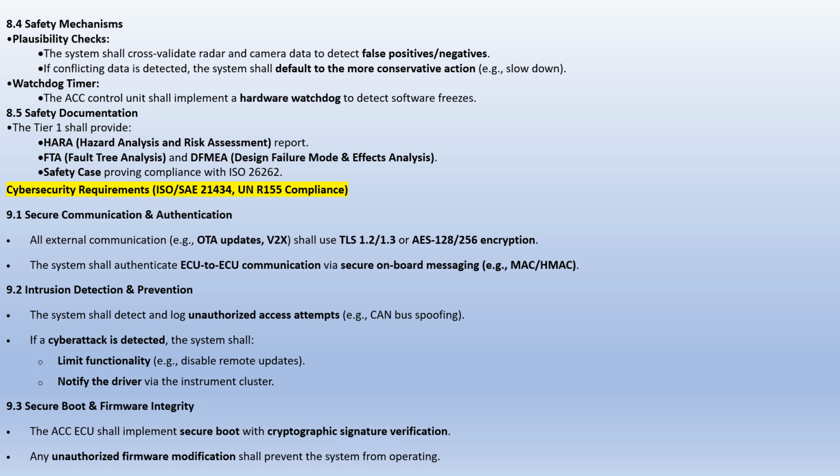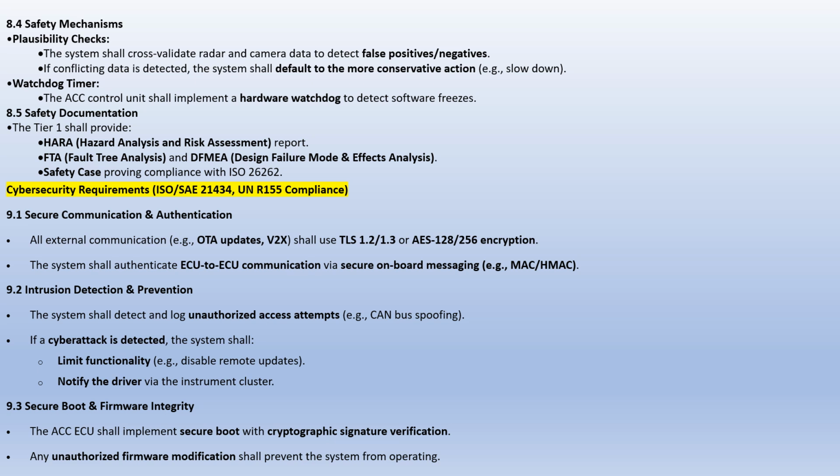The system shall authenticate ECU to ECU communication via secure onboard messaging, for example MAC, HMAC. Now these are the secure onboard messaging procedures. Within the ECU to ECU communication also, the data may get hacked. So that's the reason this security is also required.